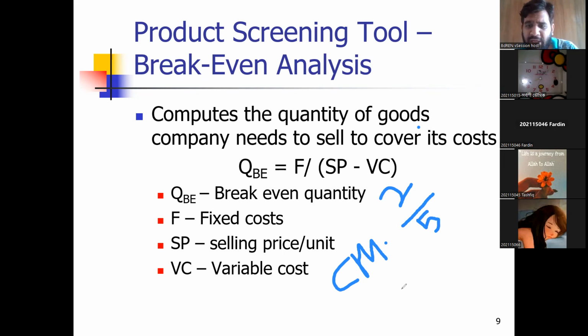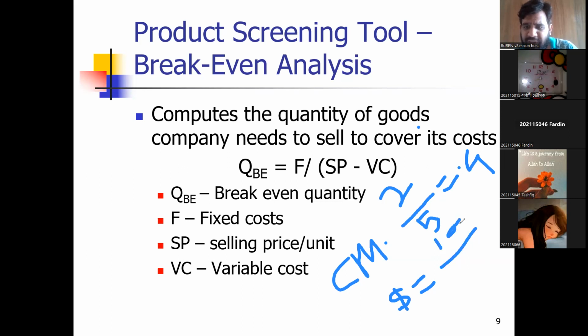So you can calculate the dollar volume of break even. It is equal to 0.4. You can calculate the break even in dollar value by dividing fixed cost.